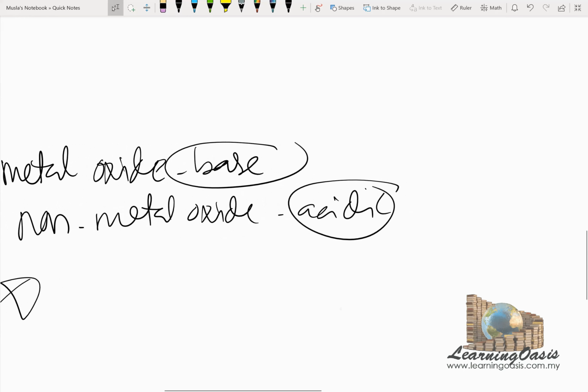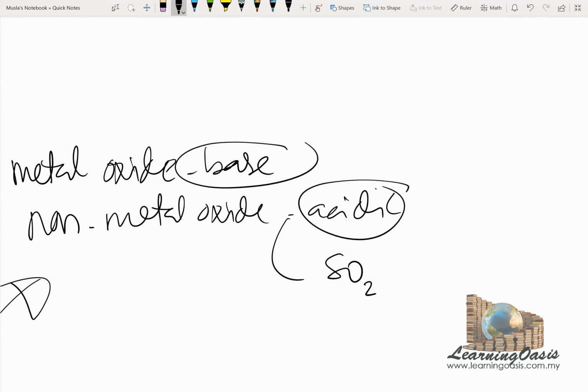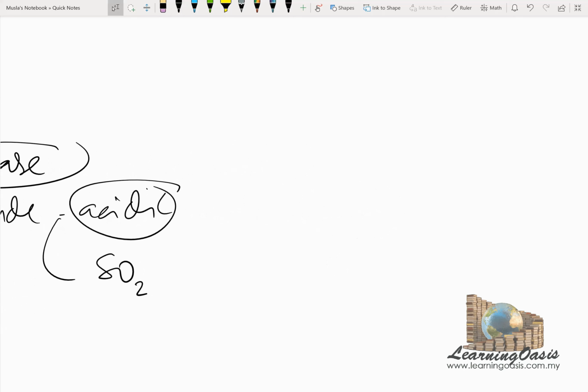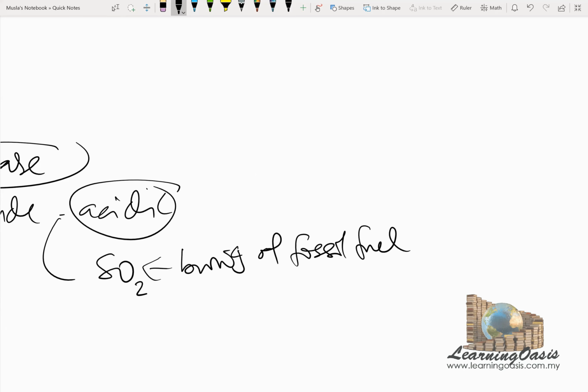So where do you get sulfur dioxide from? Burning of fossil fuel, right? Okay, burning of fossil fuel will give you sulfur dioxide, which is acidic.